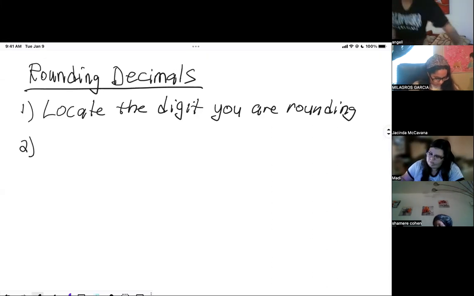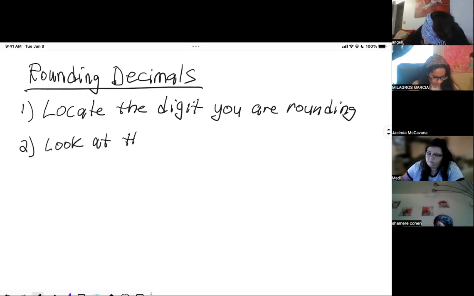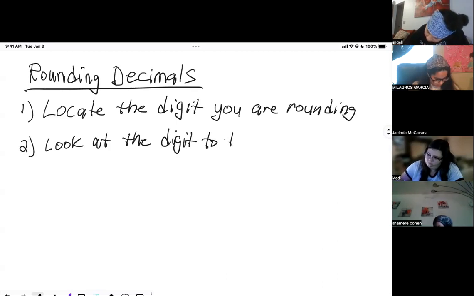Second, you're going to look at the digit to the right, the one right after. So locate the one you're rounding to by the directions. Look to the digit to the right.